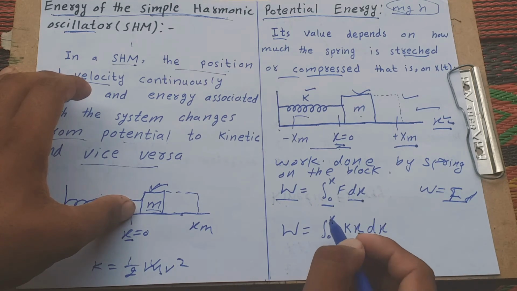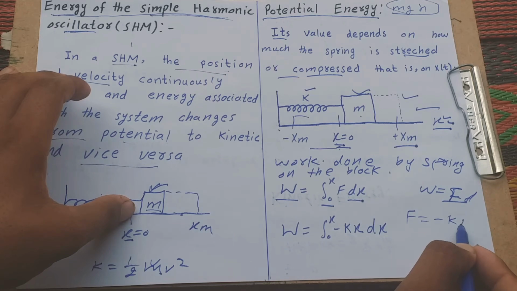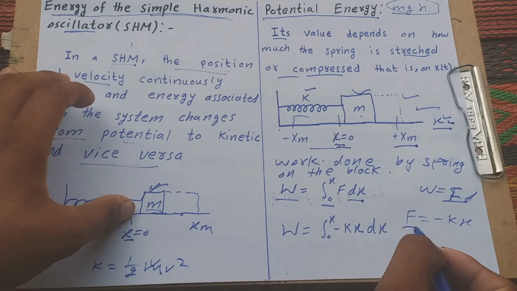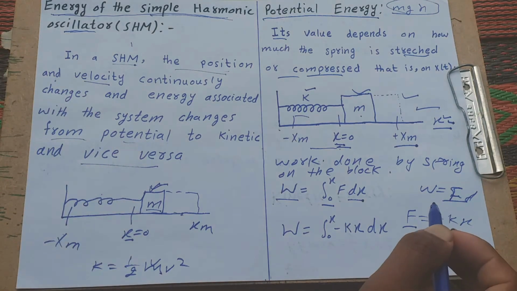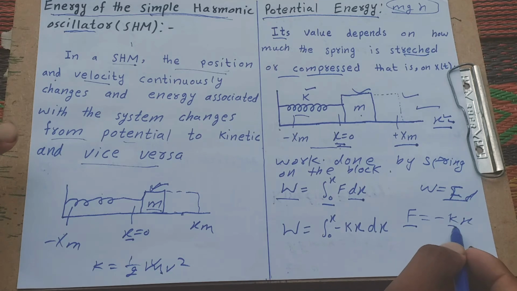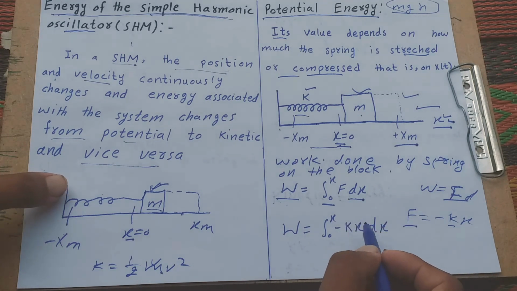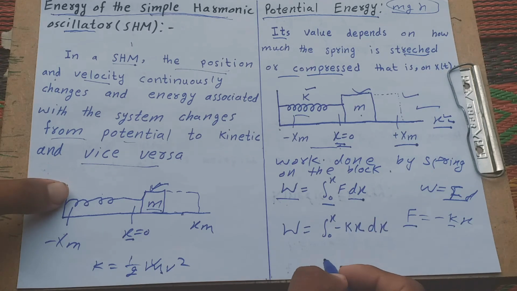We know that F is equal to minus kx. F is a restoring force; this force is equal in magnitude to the applied force but opposite in direction, and k is the spring constant. Putting in the value of x here, we obtain this, and k is a constant.